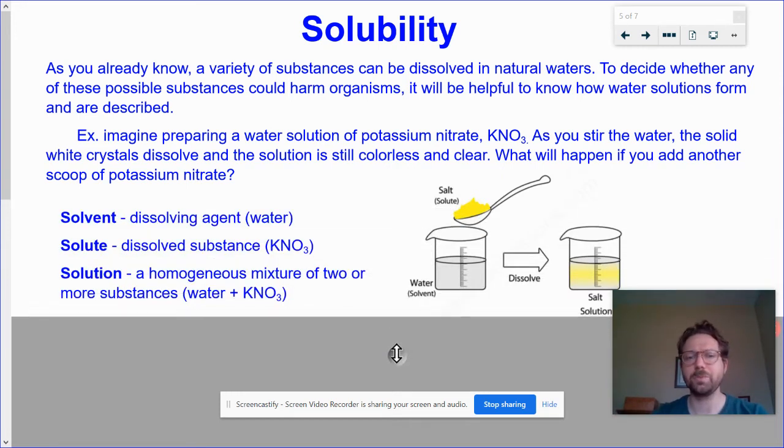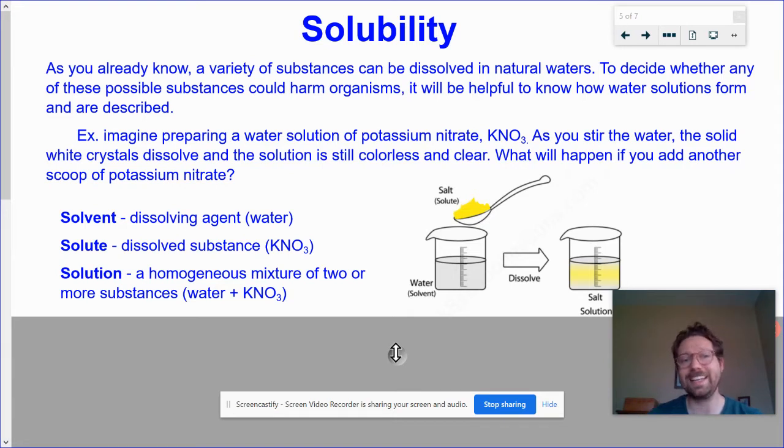So there's some terms here that we want to use, right? When we're talking about solubility, we want to talk about how we dissolve one thing into another. And the thing that we dissolve is the solute. The dissolved substance in the case above is potassium nitrate.